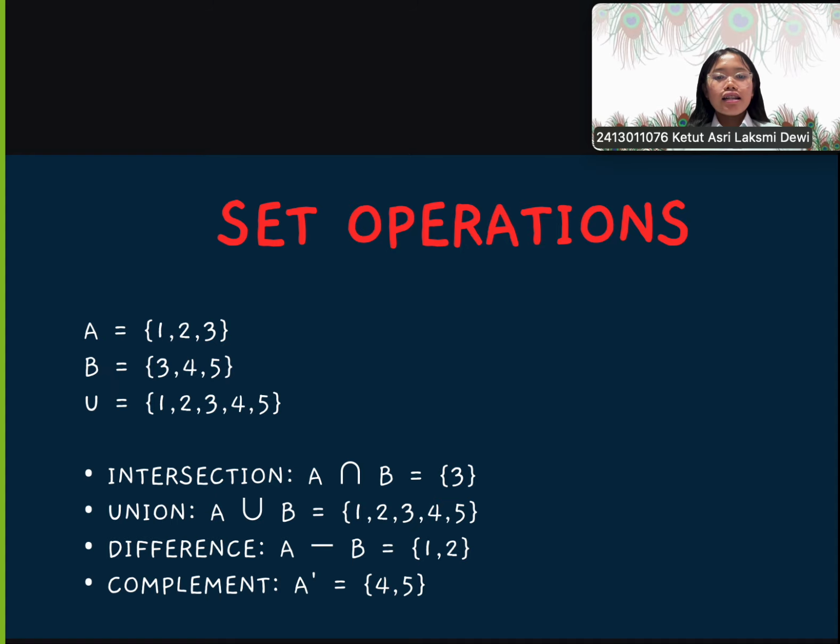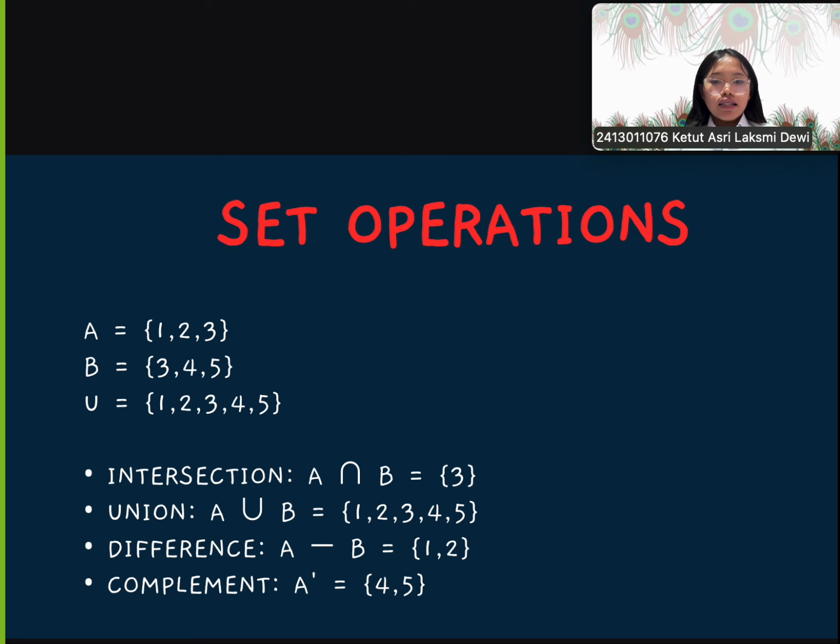Now, let's learn about set operations. Set operations help us to understand how sets interact with each other. First, we have intersection. The intersection shows elements that are in both sets. For example, set A and set B both contain the element 3.